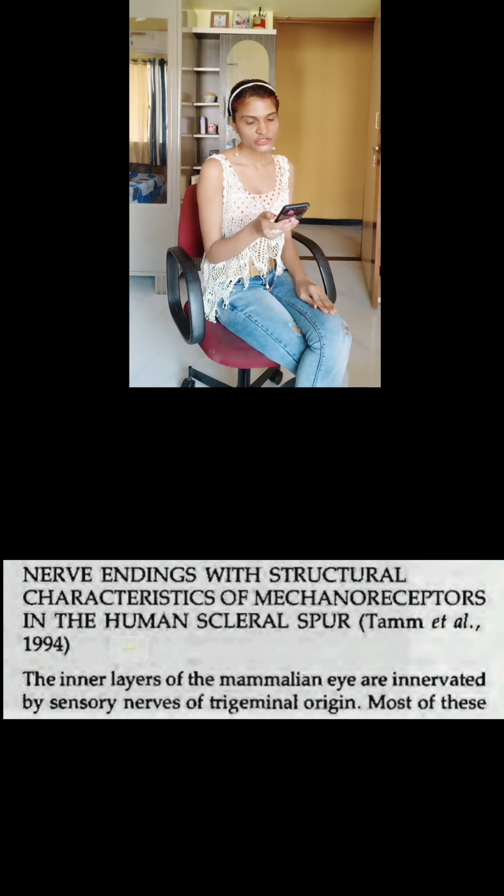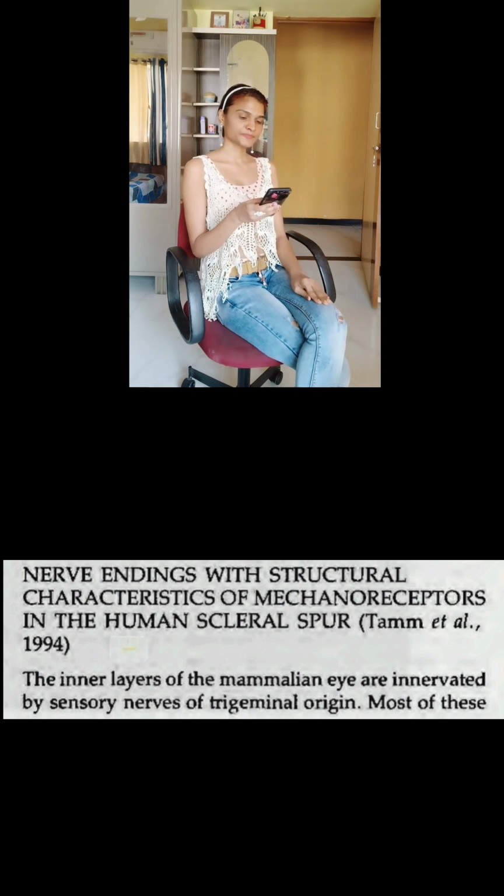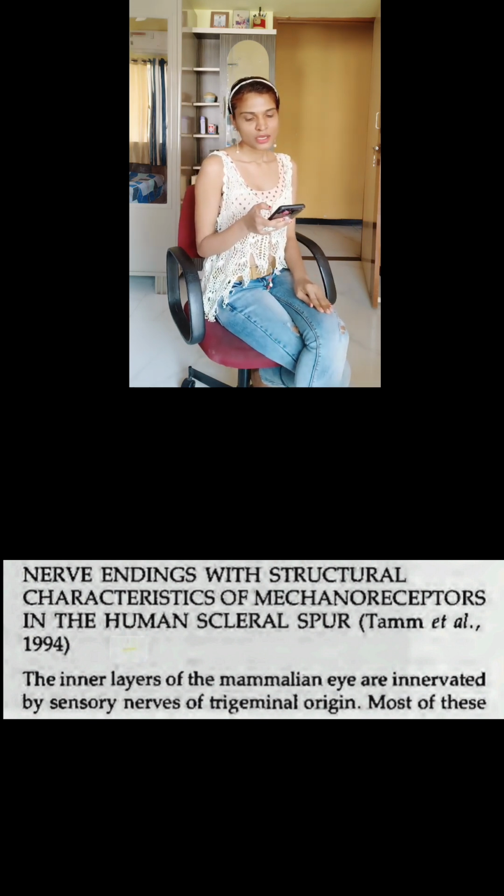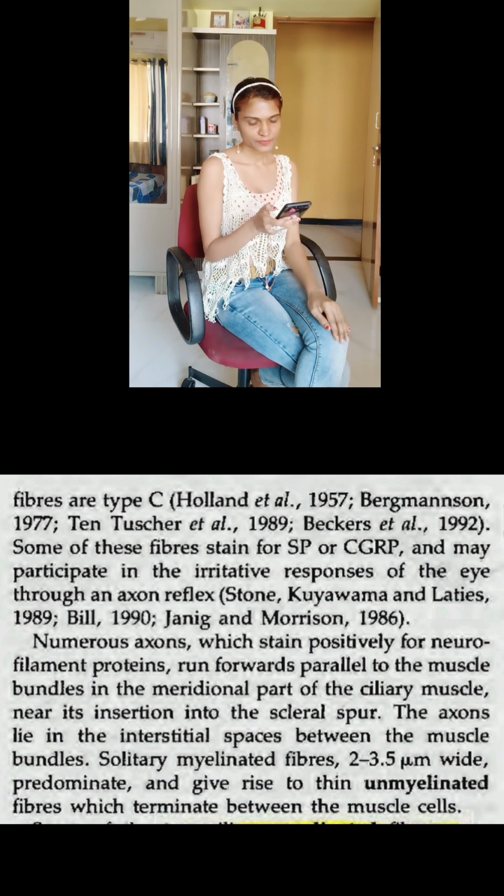Nerve endings with structural characteristics of mechanoreceptors in the human scleral spur. The inner layers of the mammalian eye are innervated by sensory nerves of trigeminal origin. Most of these fibers are type C. Numerous axons which stain positively for neurofilament proteins run forwards parallel to the muscle bundles in the meridional part of the ciliary muscle near its insertion into the scleral spur.